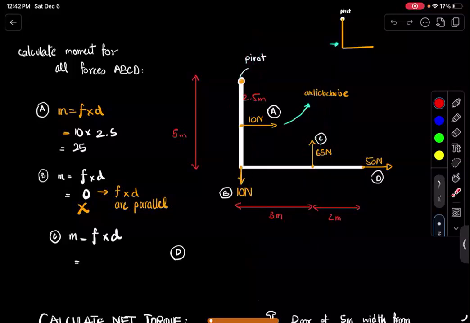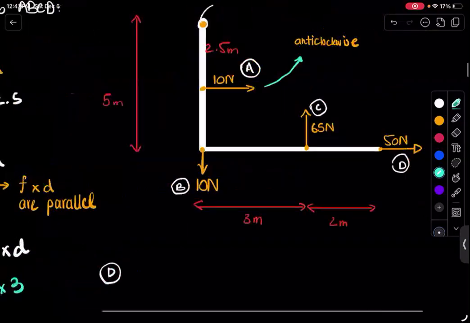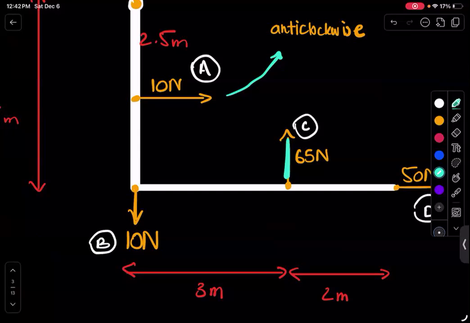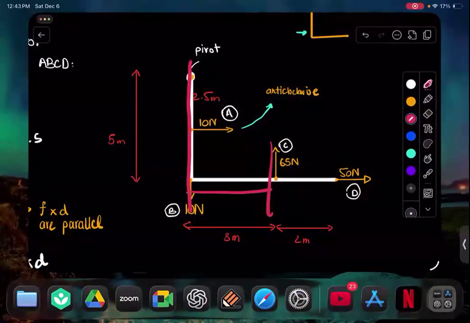So that means this is going to be 65 multiplied by 3. If this is the force in this direction, you have to take a distance which is perpendicular. It's making a 90-degree angle, and this is the perpendicular distance from the pivot.